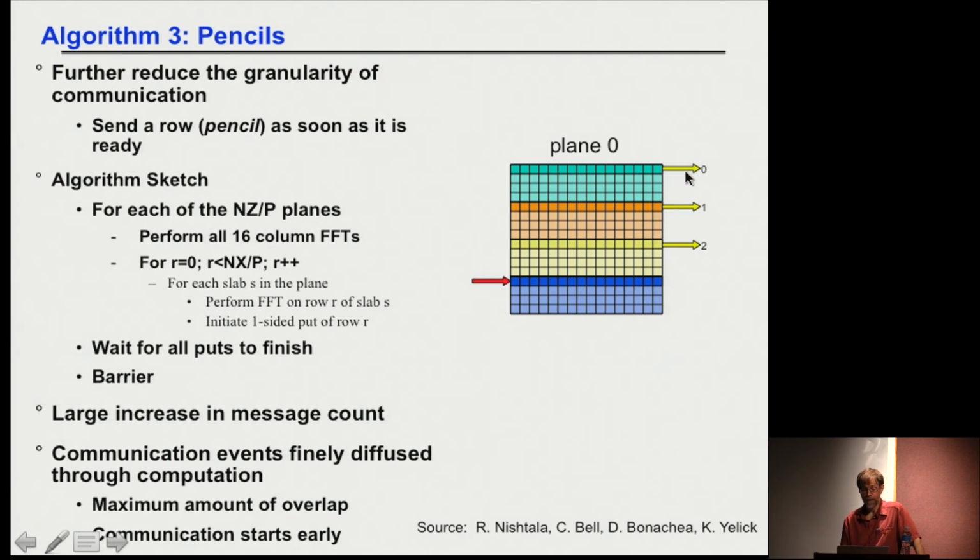But why do you think that I'm not doing all the blues followed by all the oranges followed by all the yellows? I mean, I could have pipelined it that way too. But this is better because the messages would be the same size if I did send 16 words, send 16 words, send 16 words.